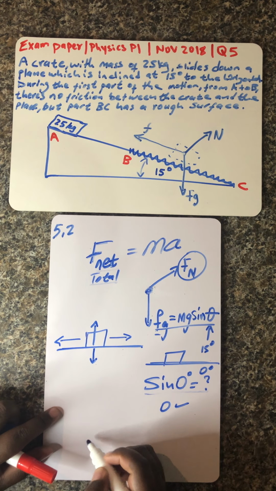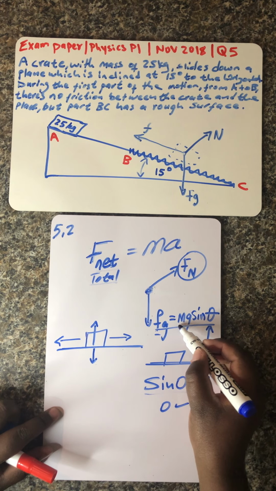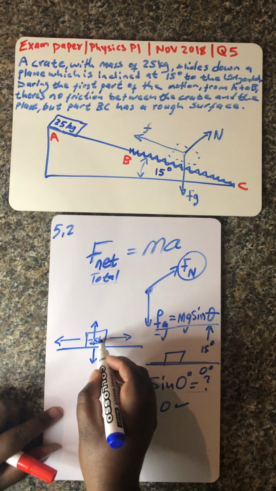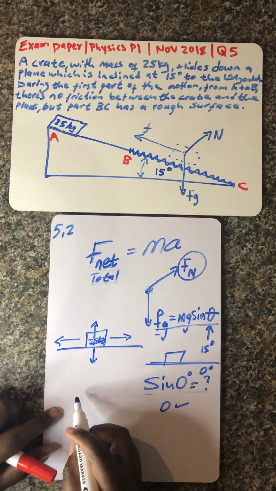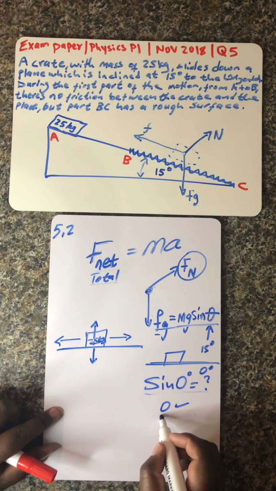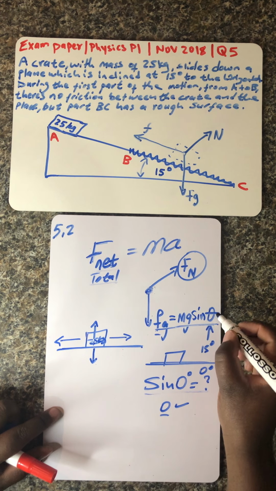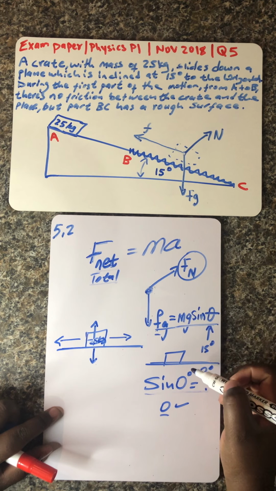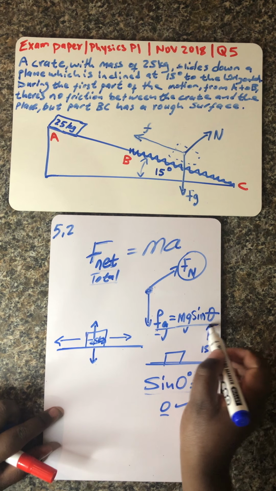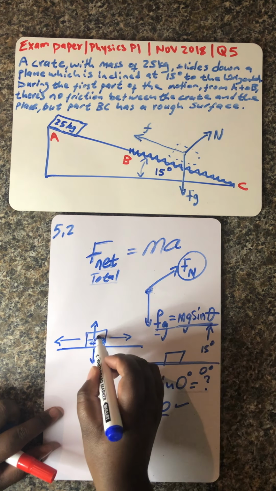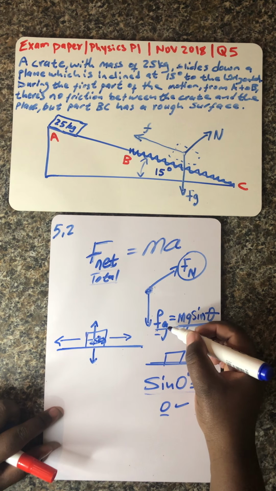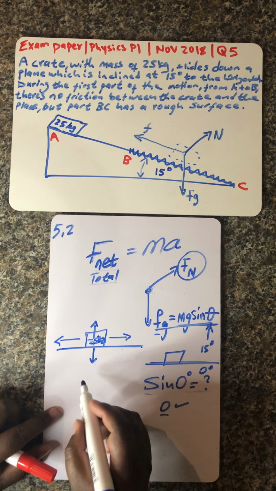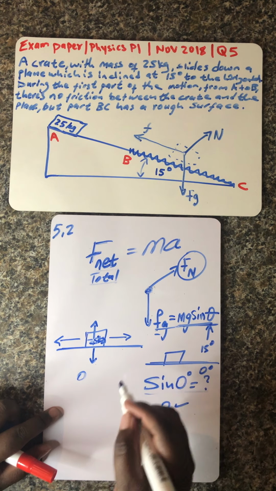So the reason why I said the formula doesn't change, the formula remains. This thing has a mass of 25 kg, for example. Because sine is 0, if you substitute sine 0, the mass is 25, g is 9.8, and when you calculate the force on this object as a result of gravitational acceleration, it equals 0.